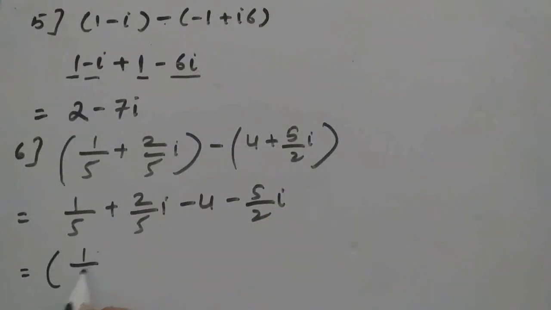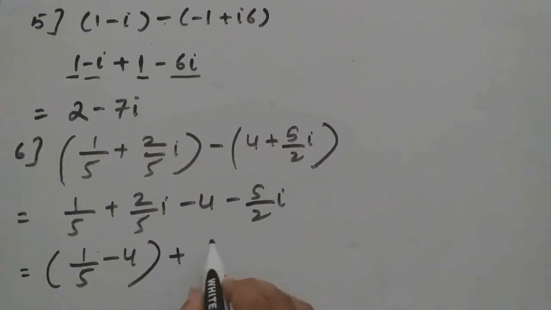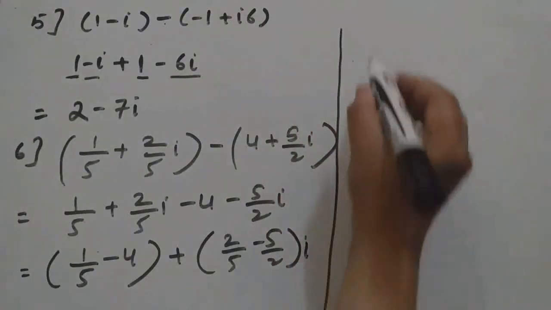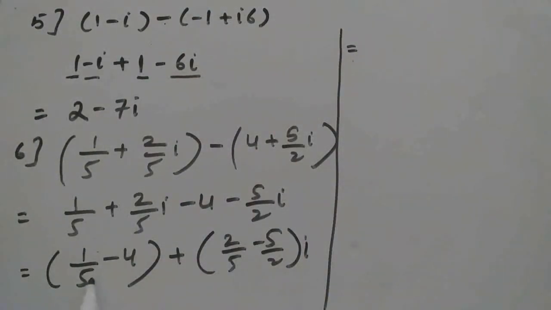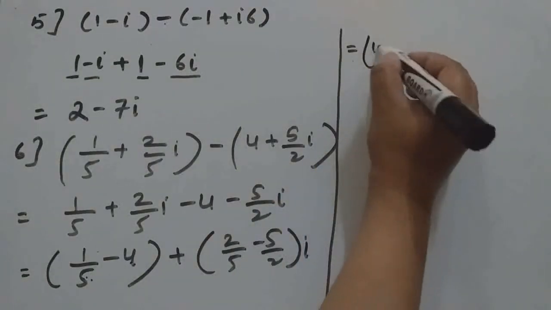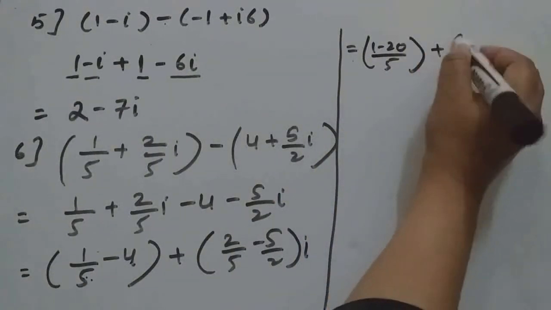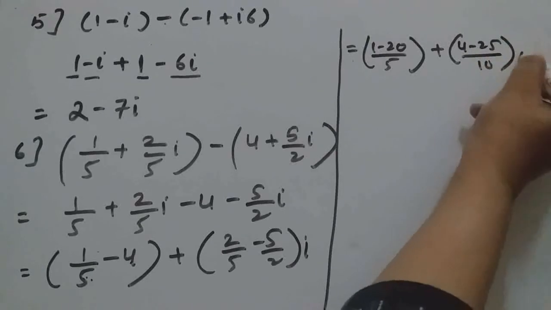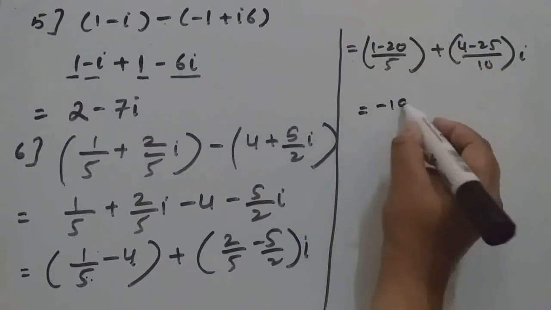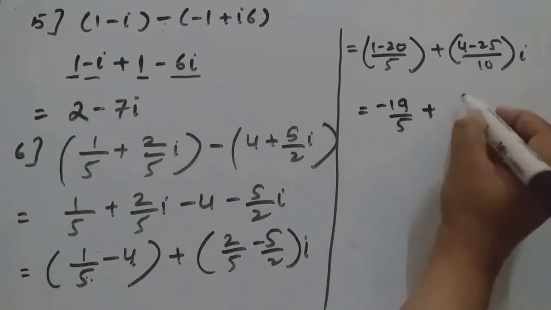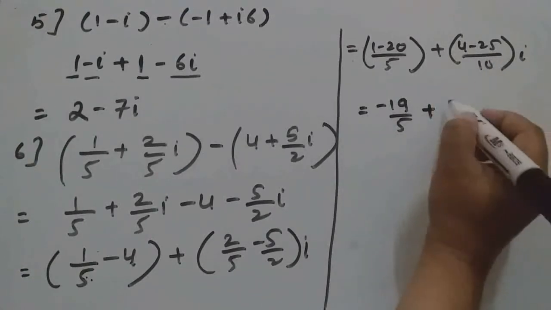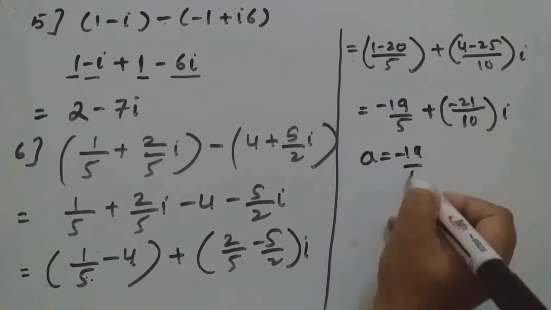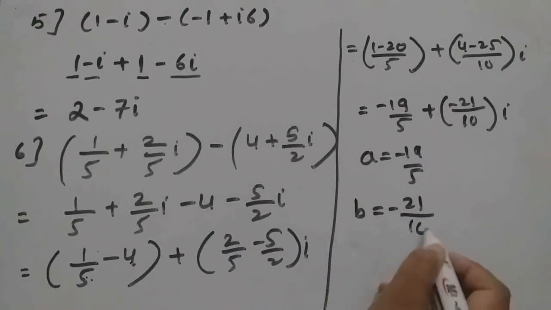Then real part 1 by 5 and minus 4 and imaginary part 2 by 5 minus 5 by 2. These two we can subtract to get a and b. So here cross multiplication, so 1 minus 20 by 5 and here also cross multiplication, so 4 minus 25 by 10i. Okay, so minus 19 by 5 and here we will get minus 21 by 10i. So a is minus 19 by 5 and b is minus 21 by 10.